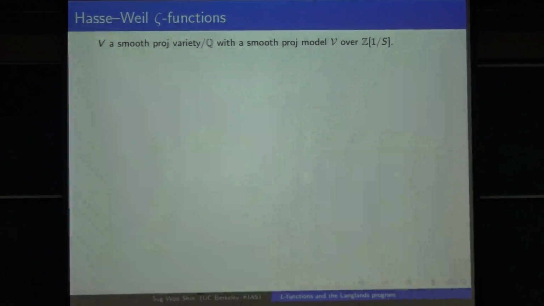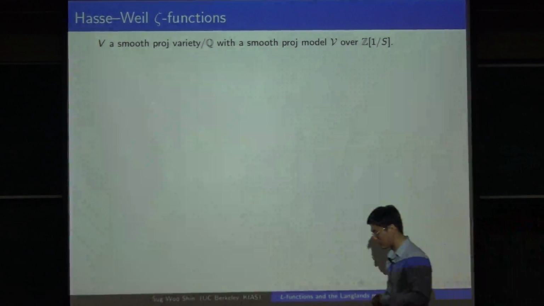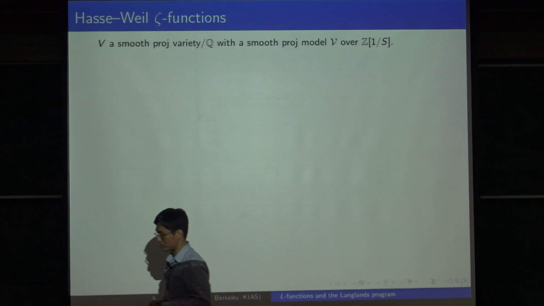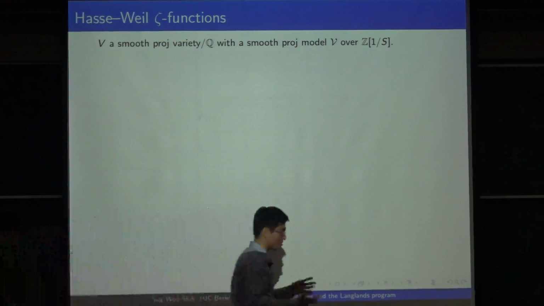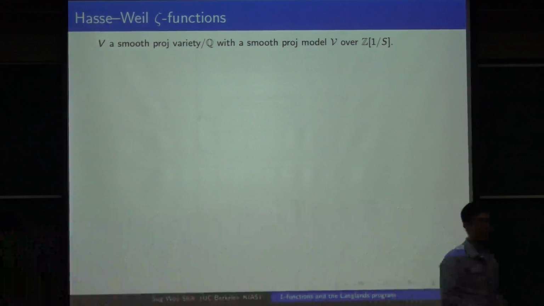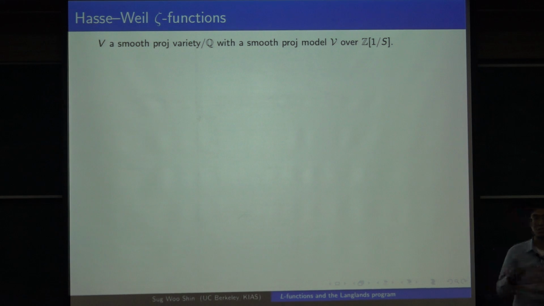Okay, Hasse-Weil zeta functions. So now we are moving away from Galois theory to go to arithmetic geometry. But arithmetic geometry over a number field, or maybe possibly over Q. For simplicity, I'll just work over Q. If you don't know what a variety over Q means, then it's just a solution set given by a system of algebraic equations where the coefficients are all rational numbers.